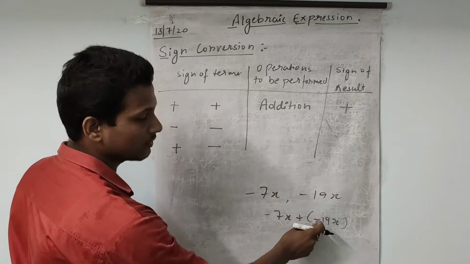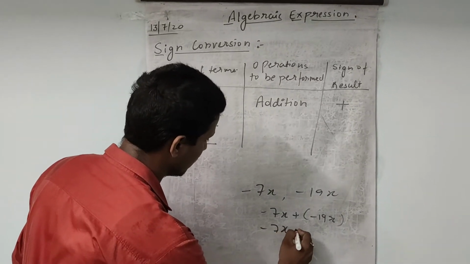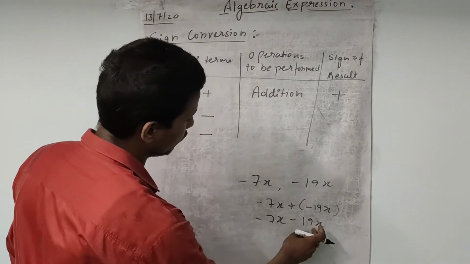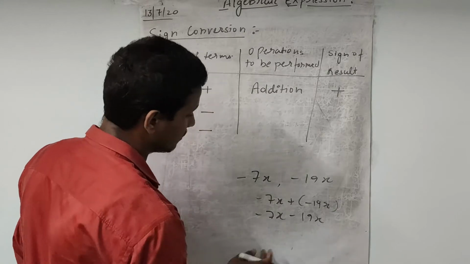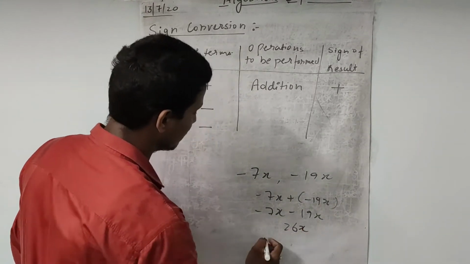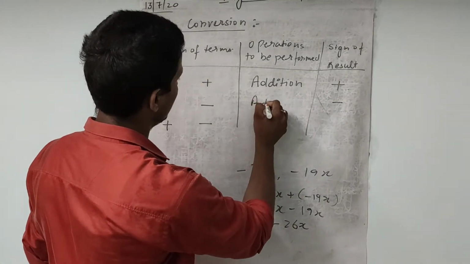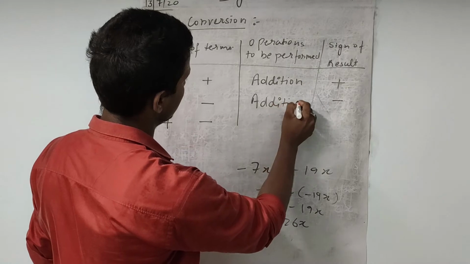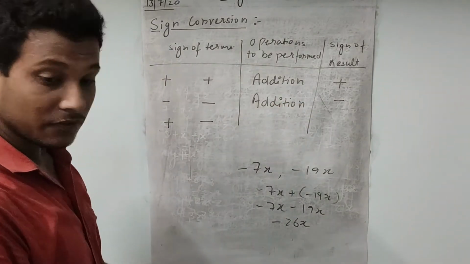First we need to do this conversion, so plus minus, plus minus should be minus 7x minus 19x. Now both the signs are the same but negative, so we need to add the terms. If the signs are the same, then we add, that is 26, and the resultant sign will be negative. So here the sign is negative and the operation performed is addition.